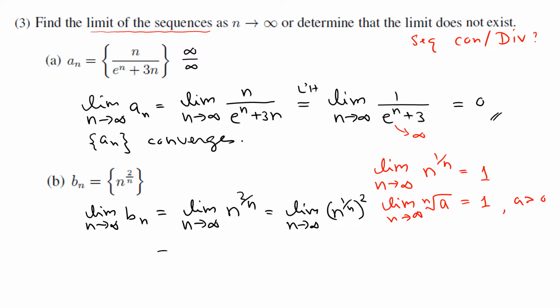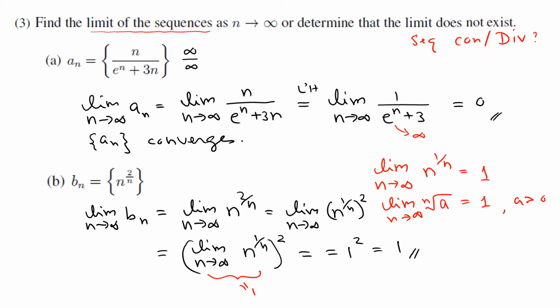Now we know this limit is simply 1, so this is 1 squared, which is 1. That's how the correct math works.